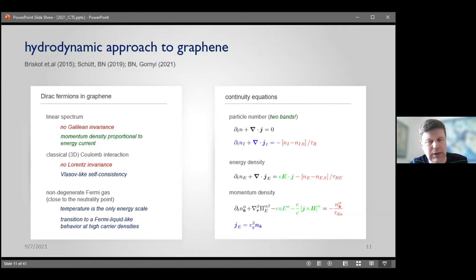However, when we assume that the electron-electron scattering dominates, then all these decay processes that are shown here in red are weak, and one can still consider that mostly electrons behave hydrodynamically, but these decay processes also have to be taken into account.